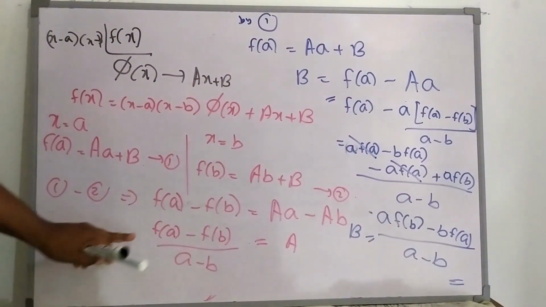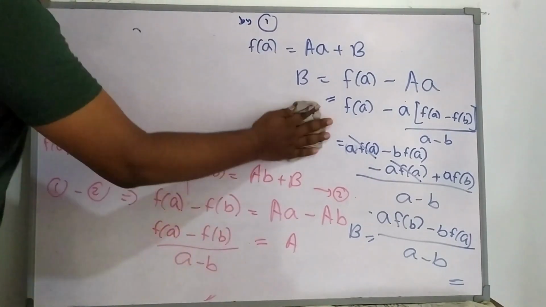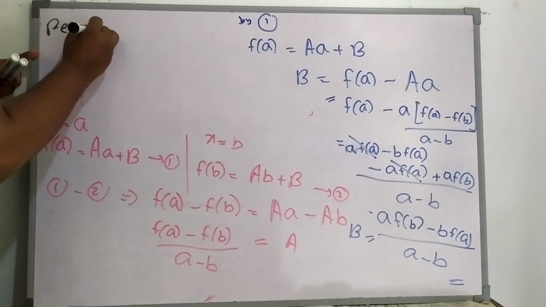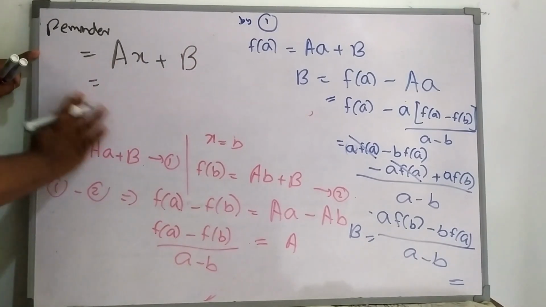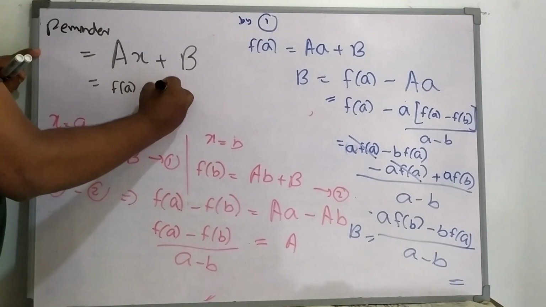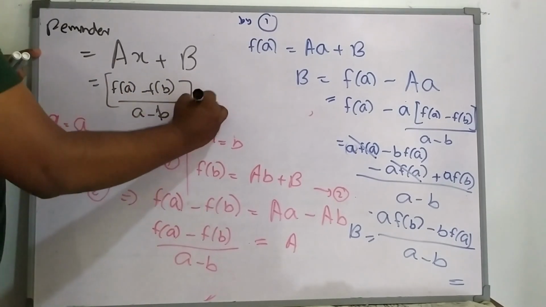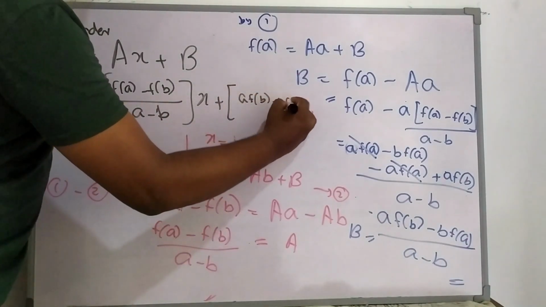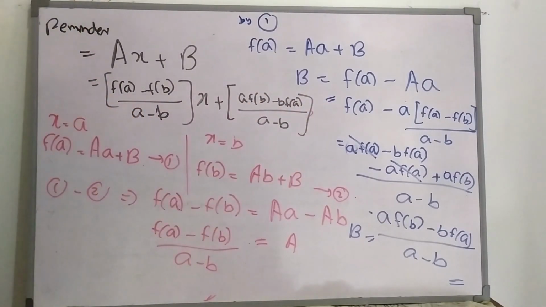This is our capital A. So the final remainder is Ax plus B, where capital A is (f(a) minus f(b)) over (a minus b), times x, plus capital B, which is (a f(b) minus b f(a)) over (a minus b).